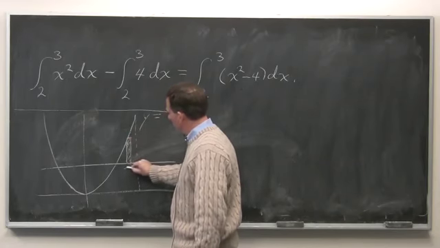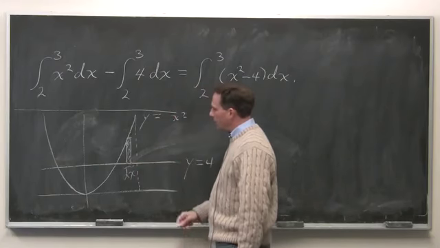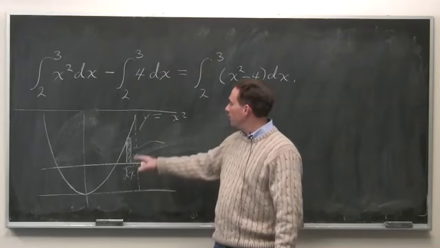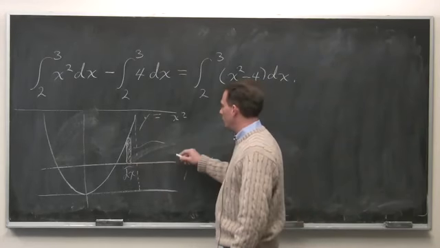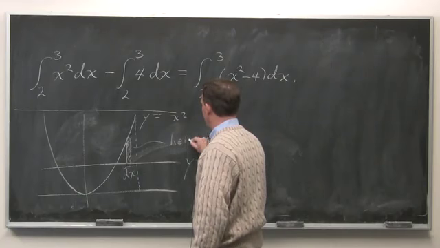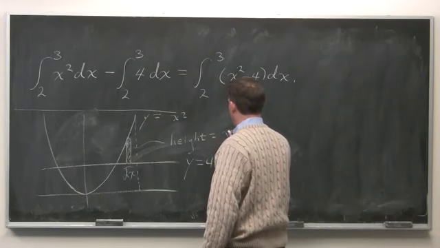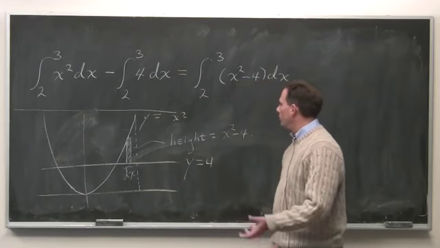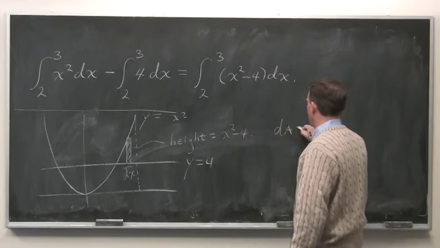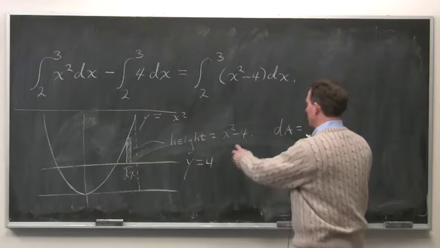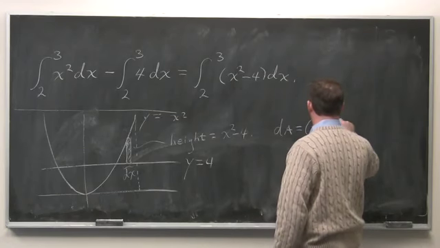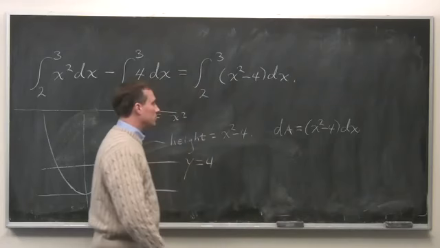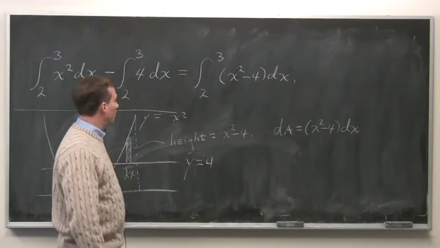Think of it as a rectangle of infinitesimal width dx, and its height will be the top y-coordinate minus the bottom y-coordinate. But now the top y-coordinate is x squared, and the bottom y-coordinate is 4. So to find that integral, you add up all the infinitesimal little blobs of area, where an infinitesimal chunk of area here is the height, x squared minus 4, times the width, dx, and the integral you should think of as the continuous sum of all of those little pieces of area. Great.